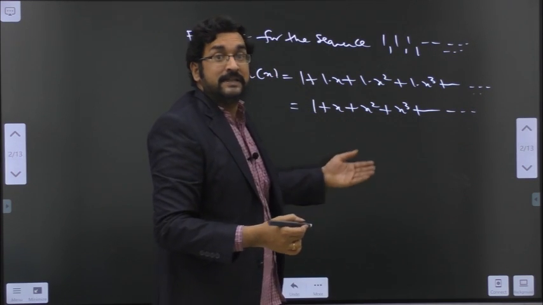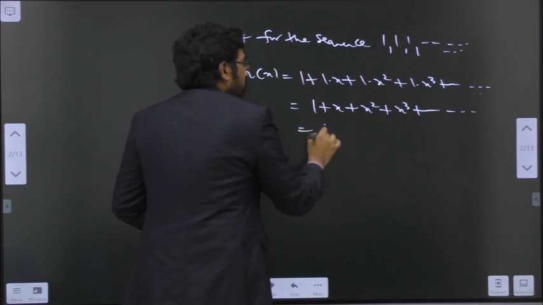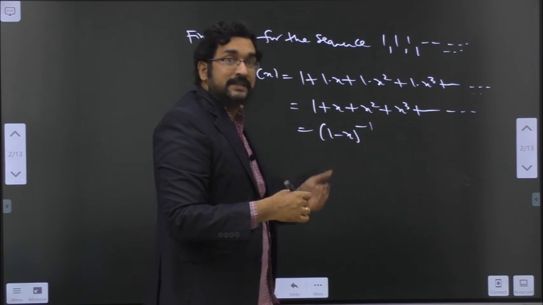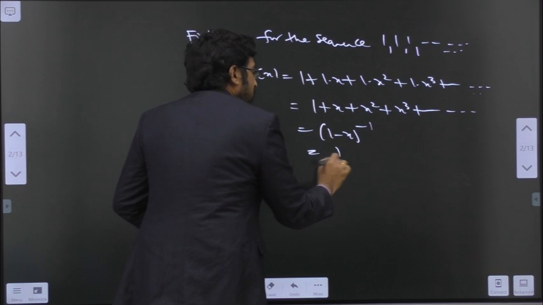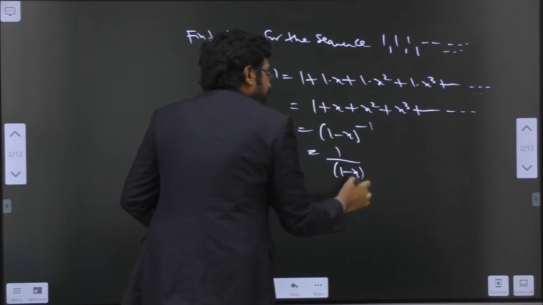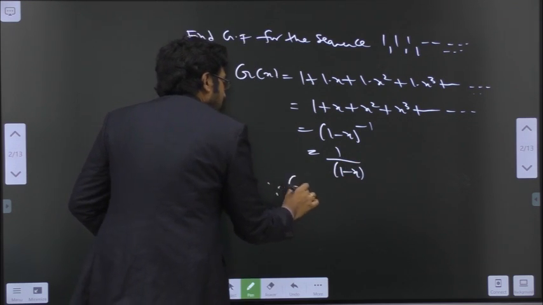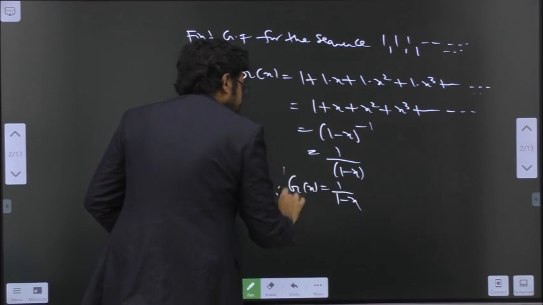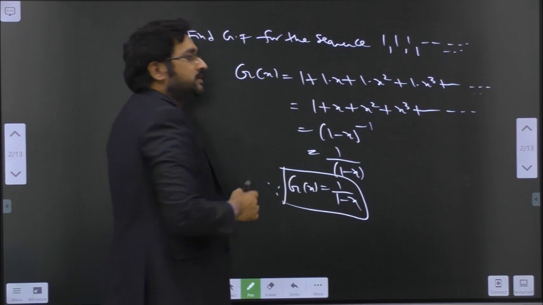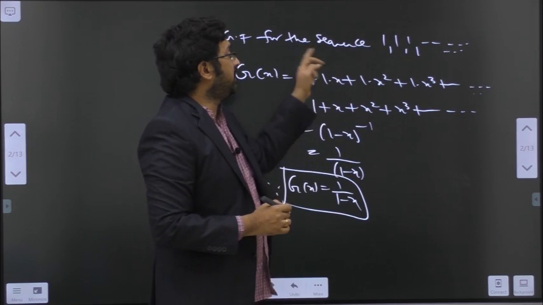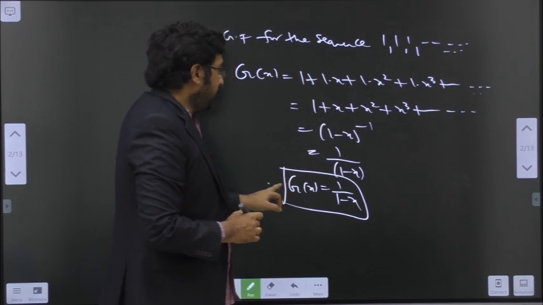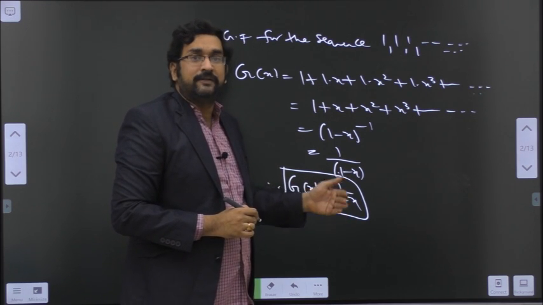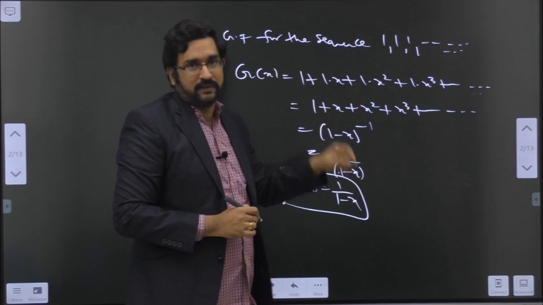We know that it is equivalent to 1 minus x whole power minus 1, which is nothing but 1 by 1 minus x. Therefore g of x equals 1 by 1 minus x is the generating function for the sequence 1, 1, 1 and so on.